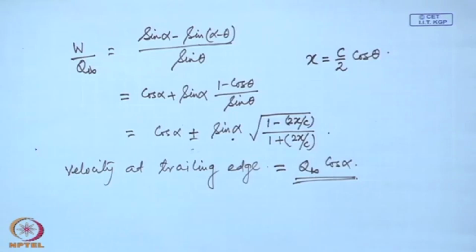Where will the forward stagnation point be on the flat plate?